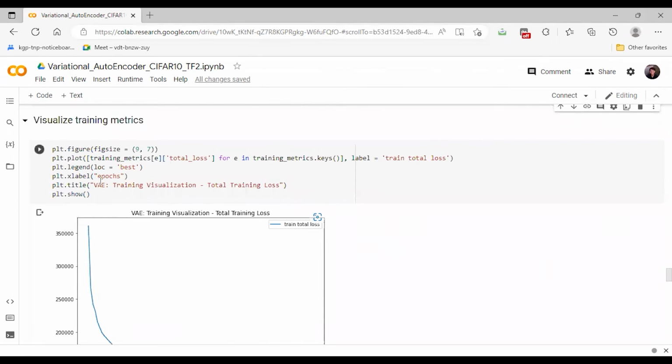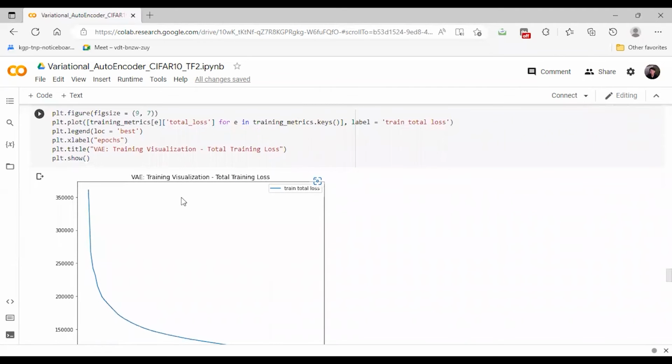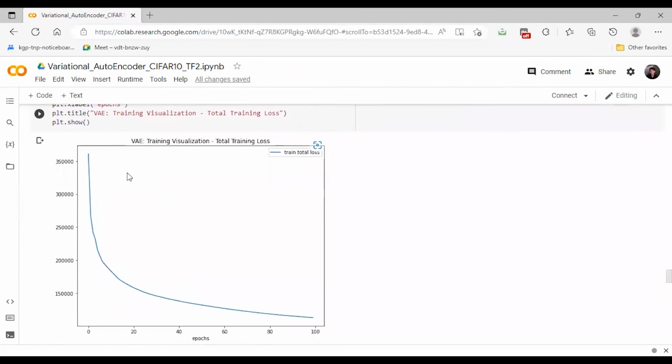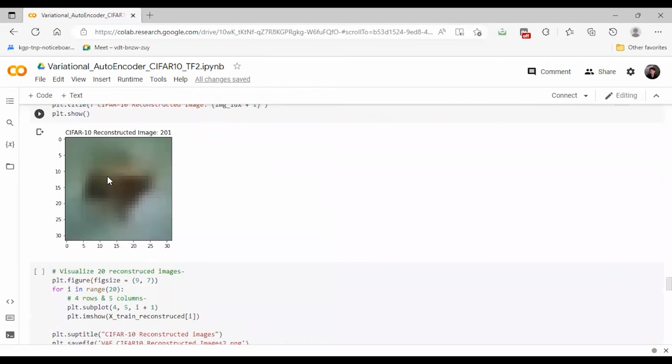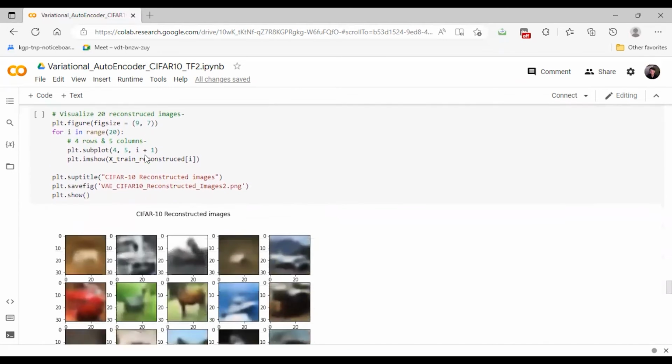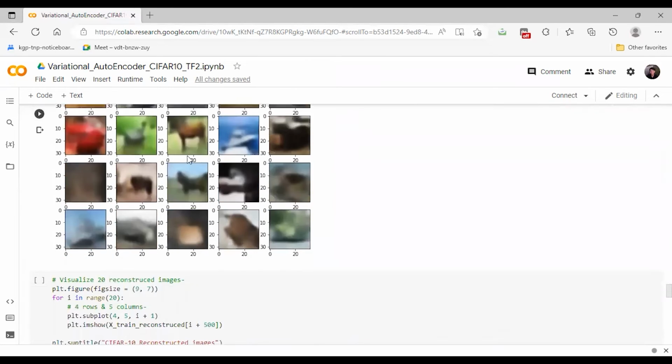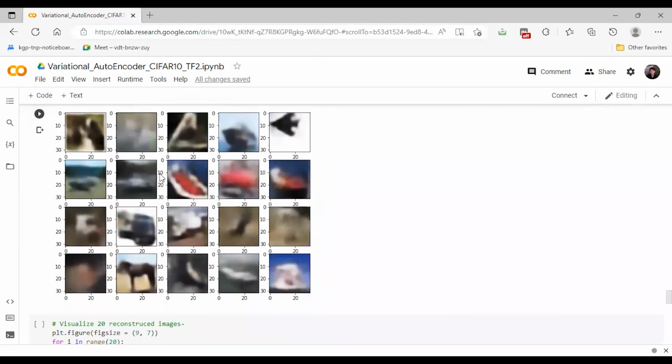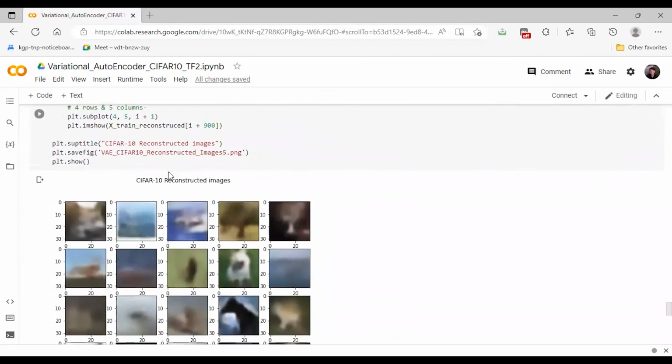And then these are the training images, like the training loss that we have plotted. This is the reconstructed output of the decoder. This is a grid of such reconstructed outputs of the decoder.